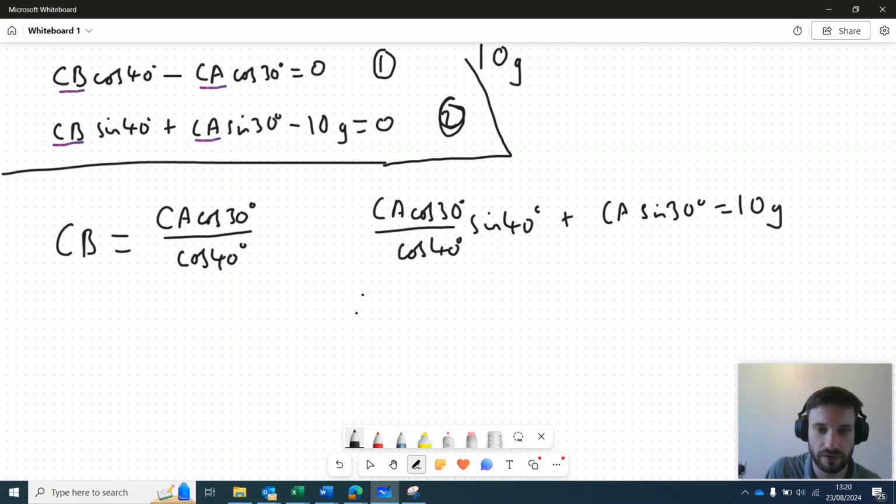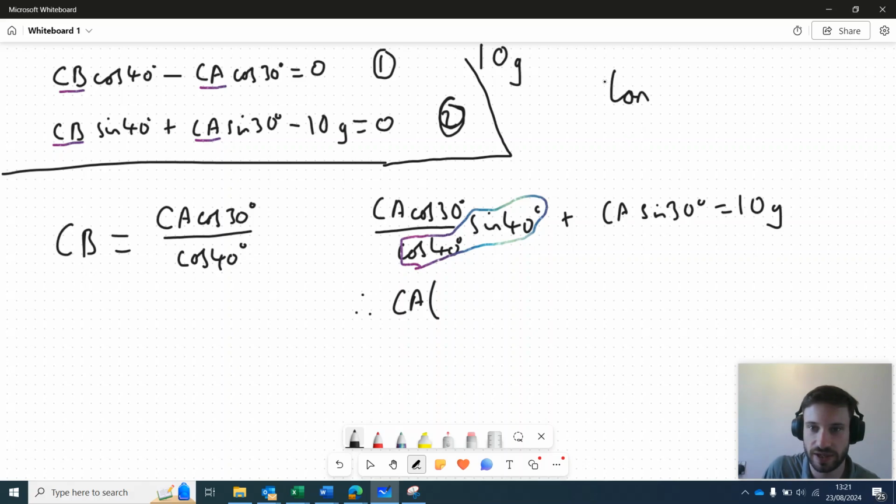Therefore, CA, I'm just going to factorize here. One thing to take note of, you don't have to do this, but we have an example of a trigonometric identity that can be quite helpful to spot when doing maths.